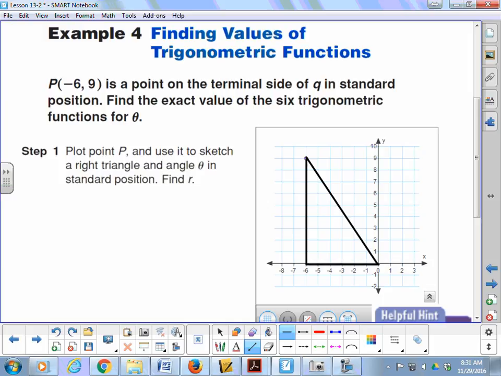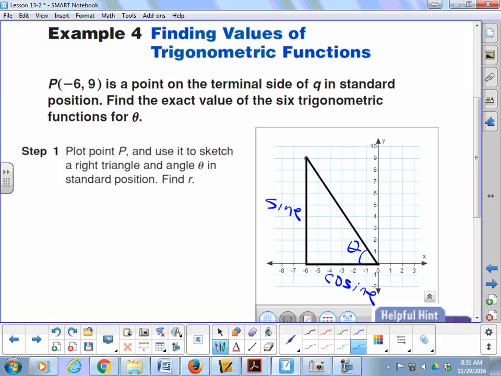Right? And when we work with that triangle, cosine always goes with x. Sine always goes with y, because we're working with this as our theta. So the opposite side is always my y value, and the adjacent side is always my x value.